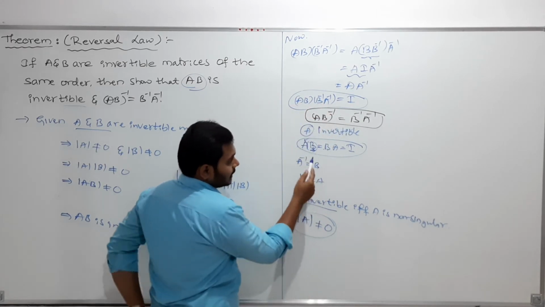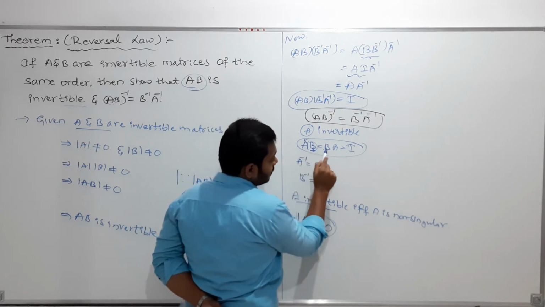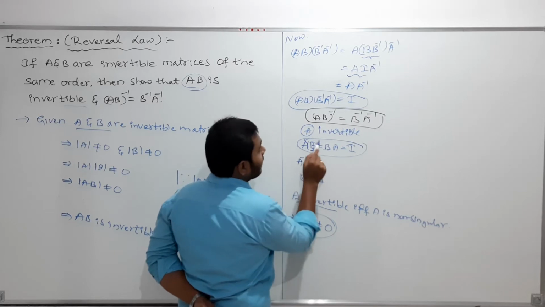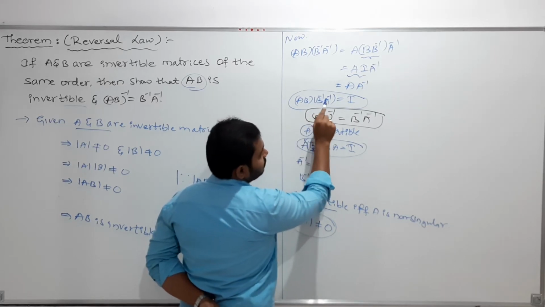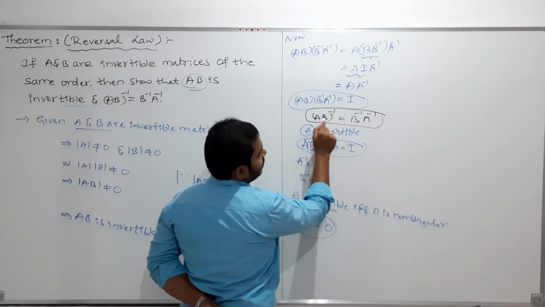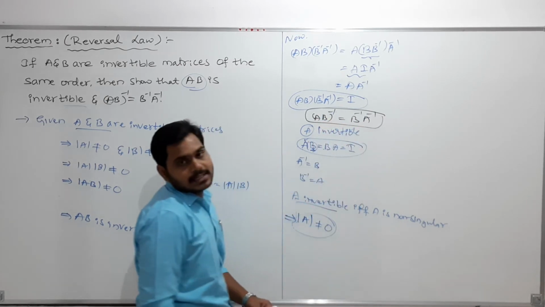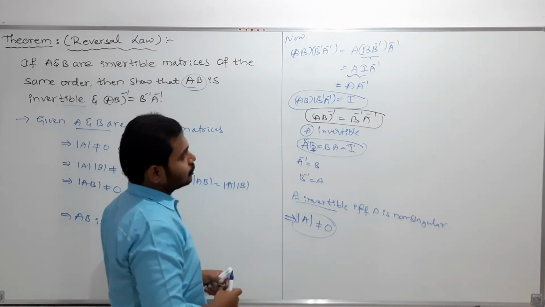Likewise, if AB is equal to I, I can write that the inverse of A is B. So the inverse of AB is equal to B inverse into A inverse. Clear? Like this, you should prove this result.